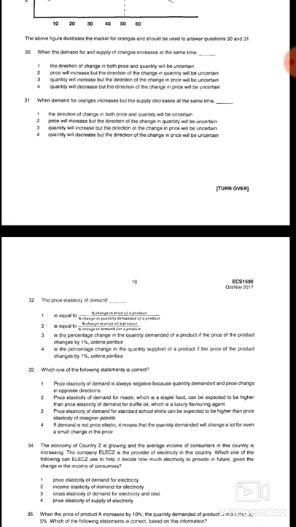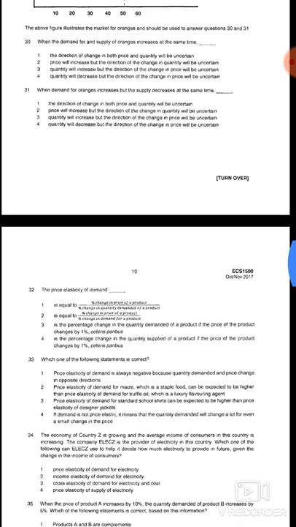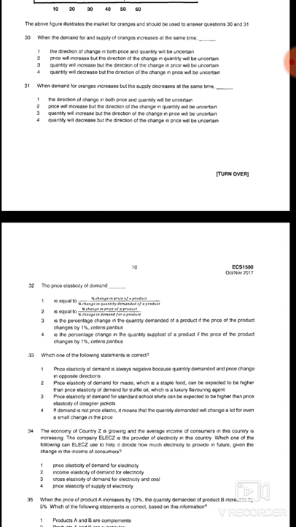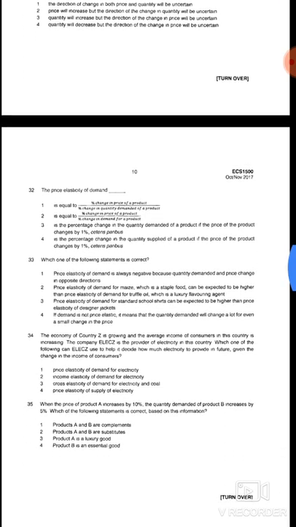Demand has increased and supply has decreased, so it means there is excess demand. So wherever there is excess demand, price will increase, and then the quantity will be uncertain. So price will increase, but the direction of quantity will be uncertain. So question 31 is option 2.